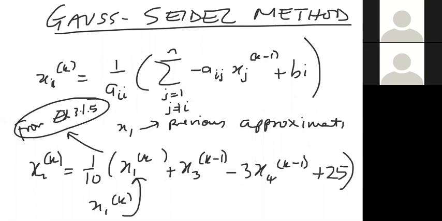So let's try to use the same example, example 3.1.5, but this time we are going to use the Gauss-Seidel method. Maybe let me just write the general form of the Gauss-Seidel method. If you'll be using the previous approximation, then each xi can be written in this way.